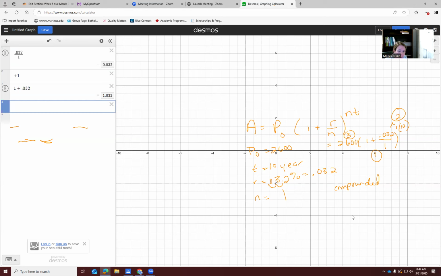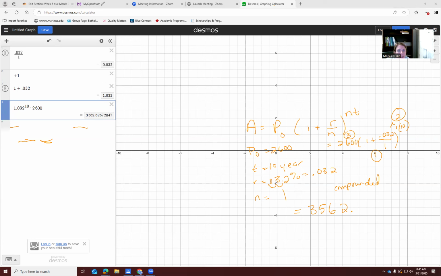So we're going to do 1.032 raised to the 10th power. That's going to be the little caret top button on your keypad. Okay, and that gives you 1.327. And then the last thing you're going to do is multiply it by 2,600. And so you get 3562.6 and some more decimals.